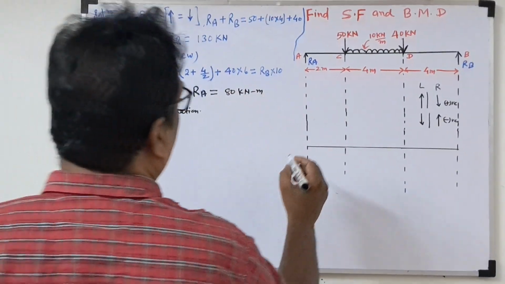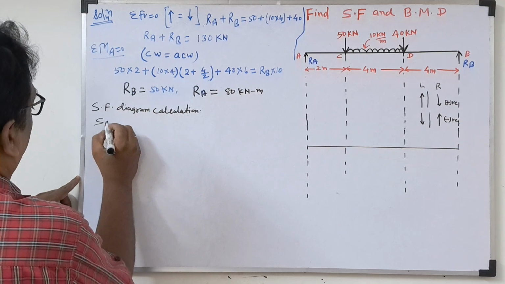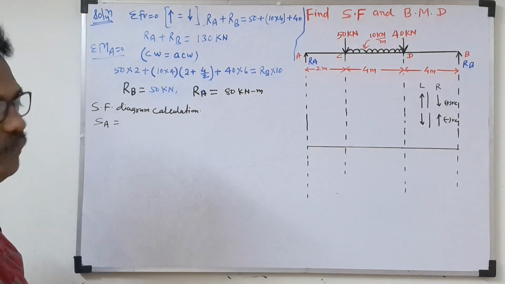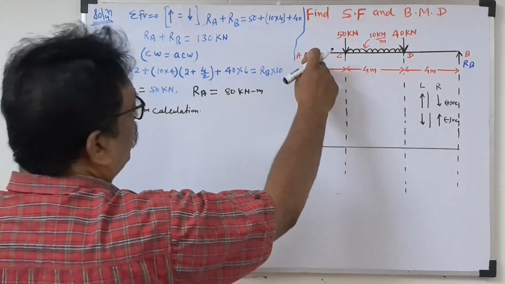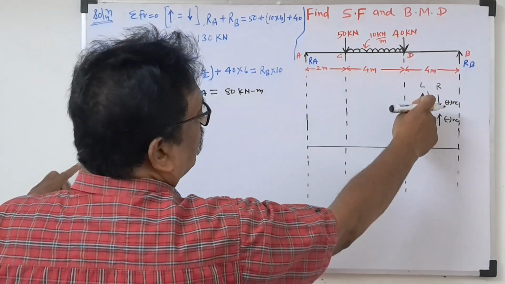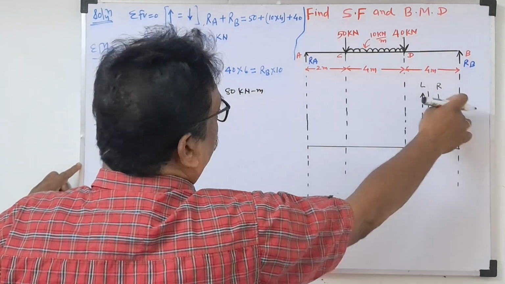Now shear force at point A, SA. Someone may call it FA, whatever. Shear force at point A: the vertical force is going upward. We are taking the left side, so upward on the left side is positive. How much?